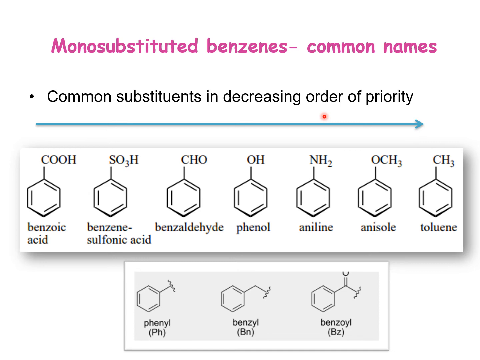and in the case of di-substituted benzenes, one has to identify one substituent as the root or base on which another substituent is present. So this is a ranking of giving importance. If there is a competition between COOH and amino, if both the groups are present, then COOH has the higher priority as compared to amino.